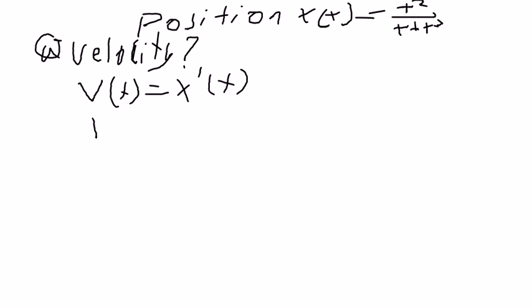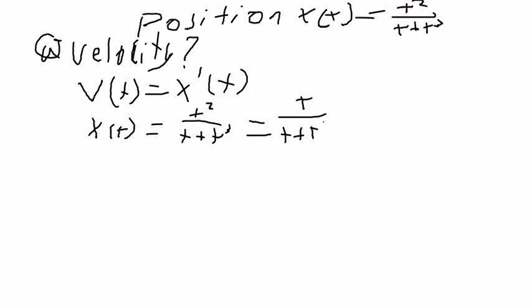So x of t, we've established, is t squared over t plus t cubed, which if we simplify by dividing both the top and the bottom by t would be t over 1 plus t squared.